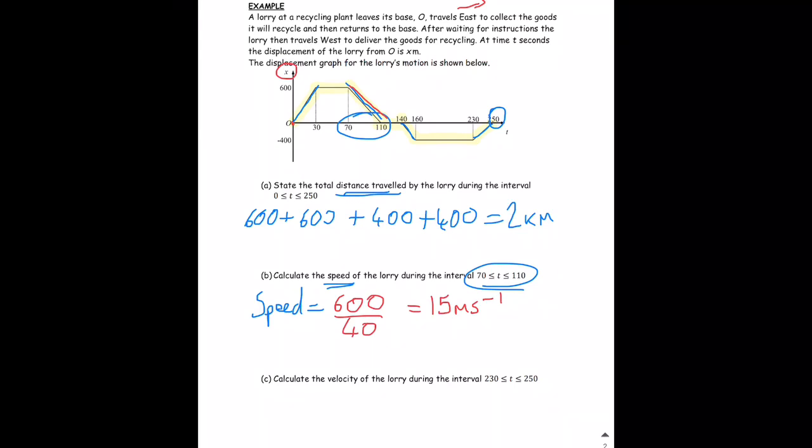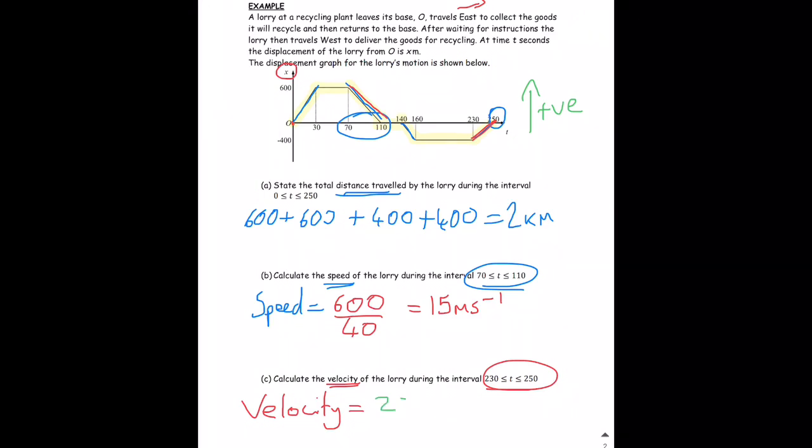Again, then for question C, calculate the velocity in that period there. Well, luckily it's an upslope, so that is a positive velocity. So it travels back towards the base, so it's travelling forwards now in the positive direction.